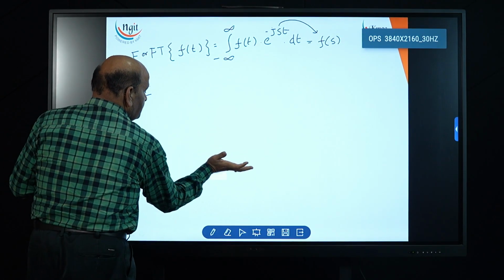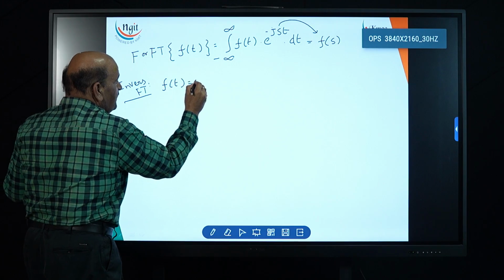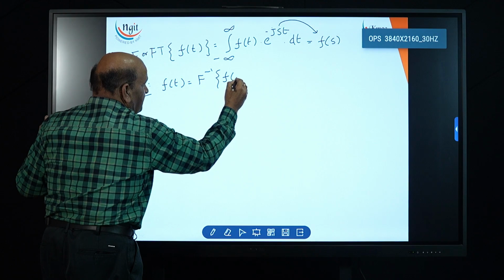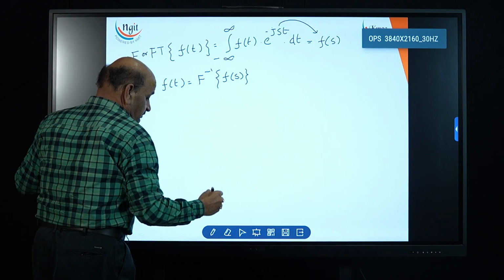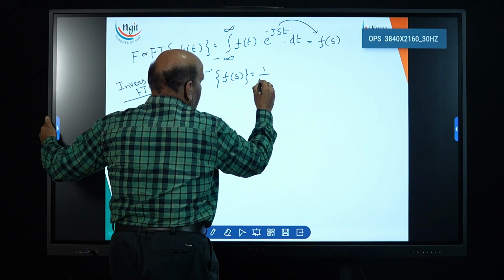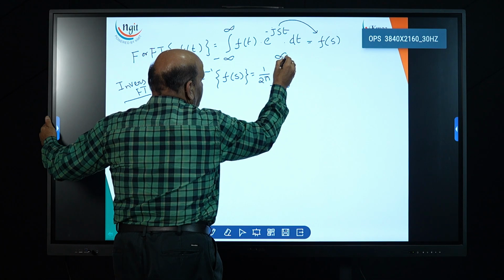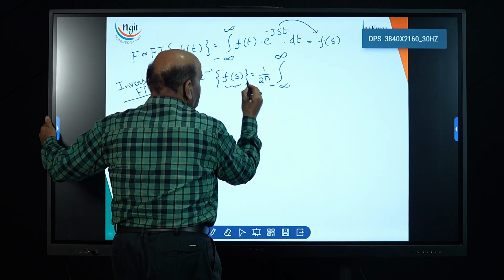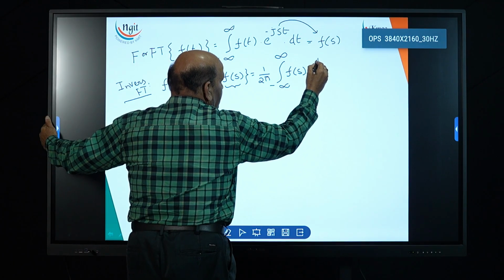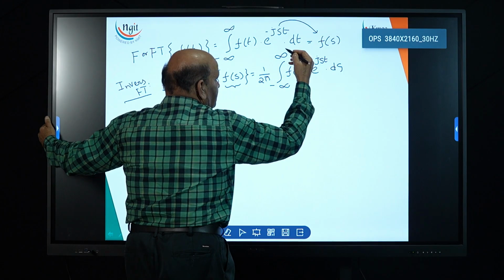Here f of t equals the inverse Fourier transformation of F of s. In case of inverse, you have to use a constant 1 by 2 pi, integral from minus infinity to infinity, for the function F of s, and e power jst in terms of ds.